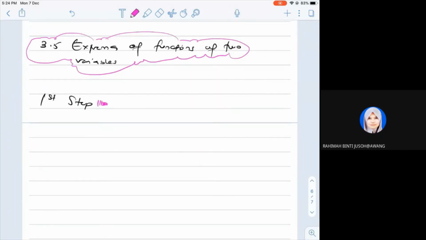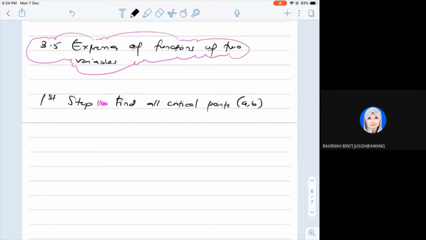What you should do is find all critical points. Coordinates, meaning coordinate A and B. Guys, how many critical points we have depends on the type of function.